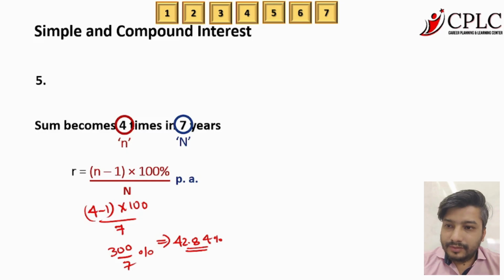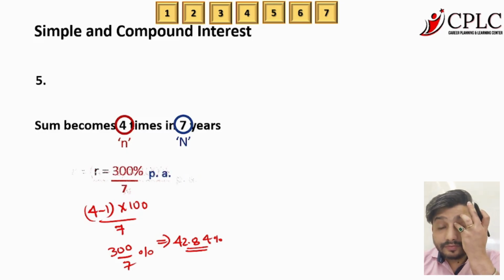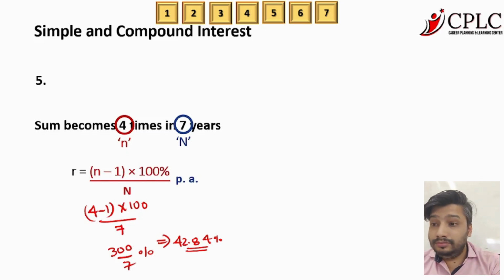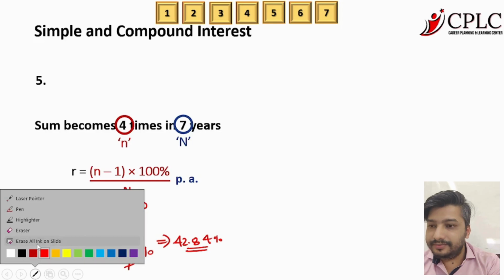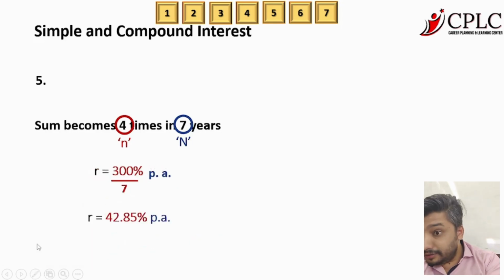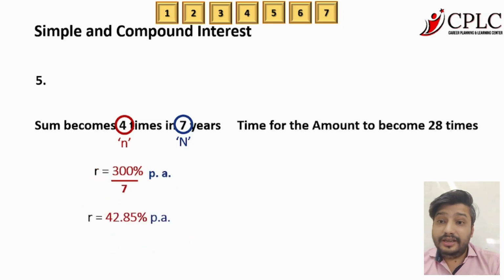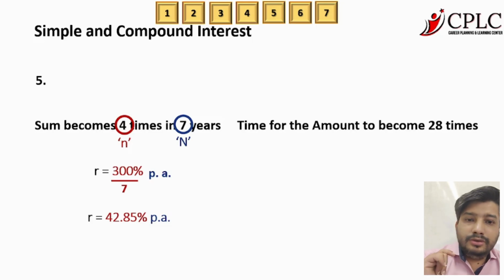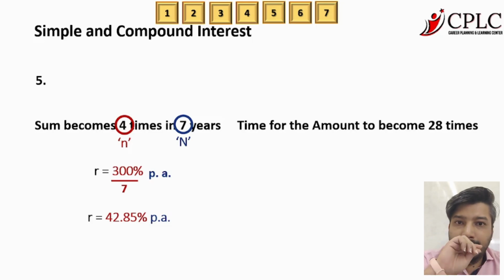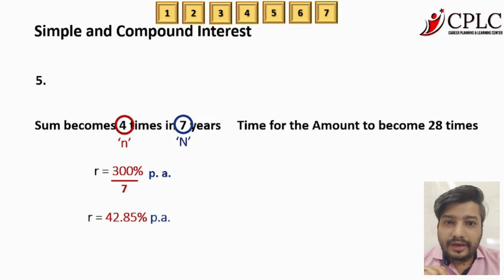Now, what they were asking, so same calculation I think is going to come up. So I'll just erase this bit. So now they are asking the time taken for the amount to become 28 times. So now we are supposed to find out capital N, and small n is given, the amount is going to become 28 times.